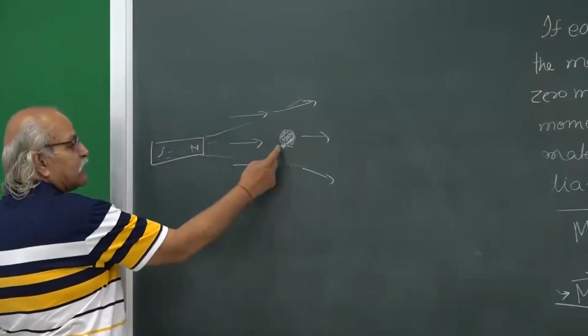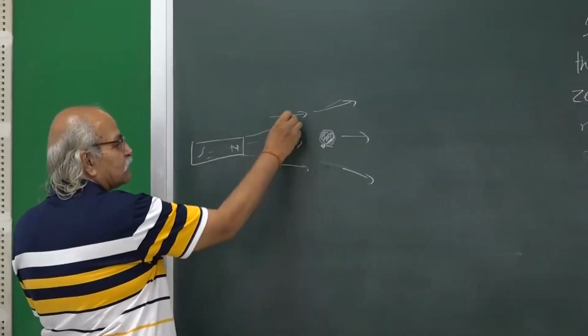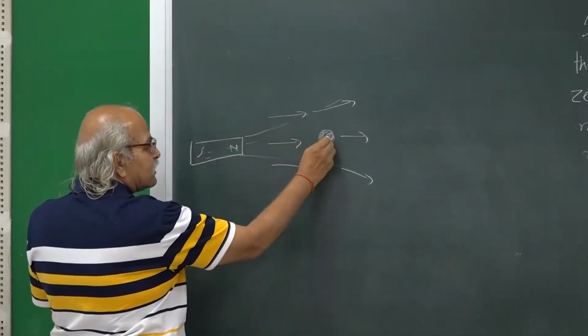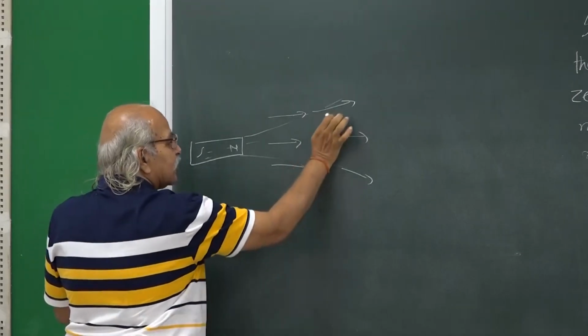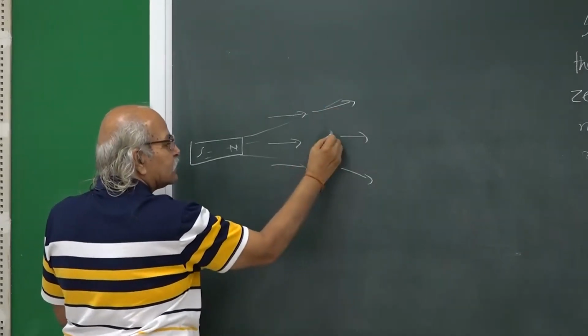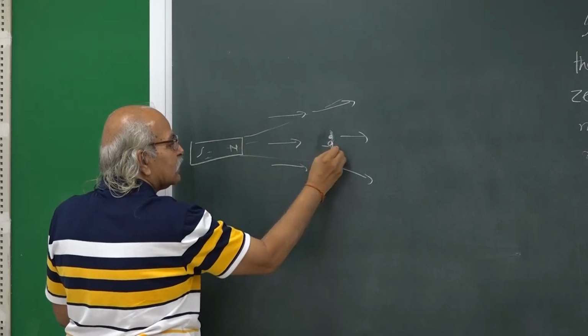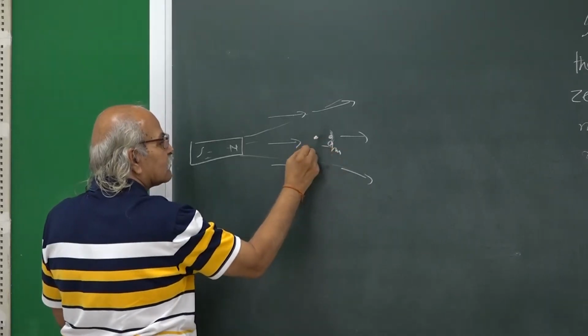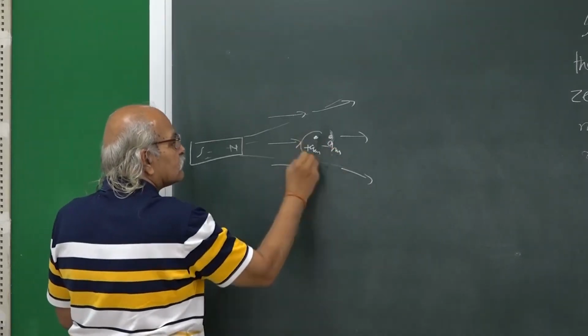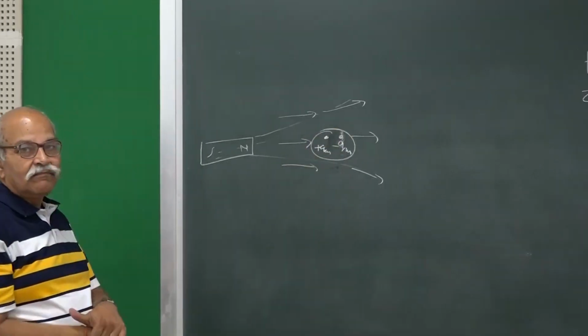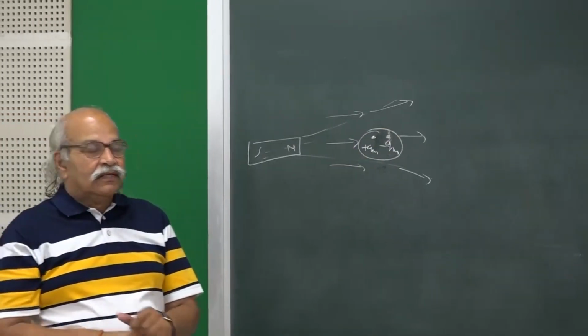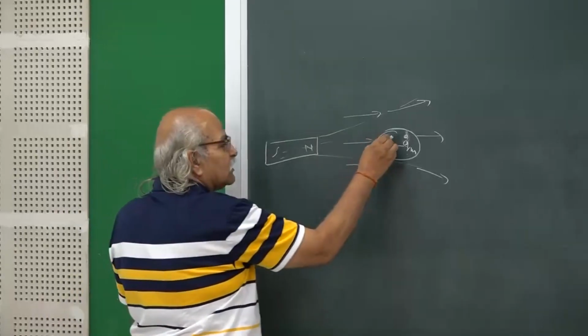This magnetic dipole moment which is induced due to this magnetic field, you can replace in this direction. So, a minus qm here and a plus qm here. What is the force on this plus qm?